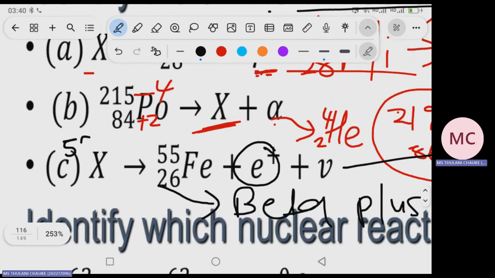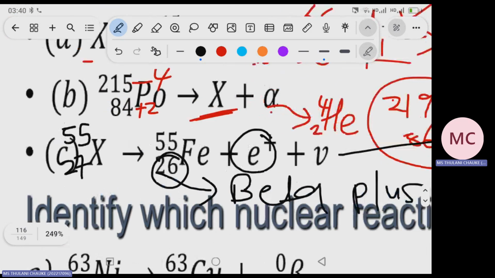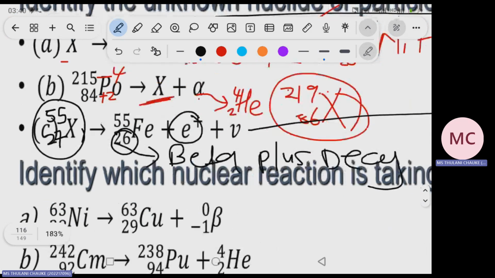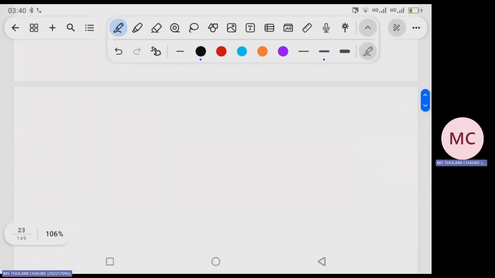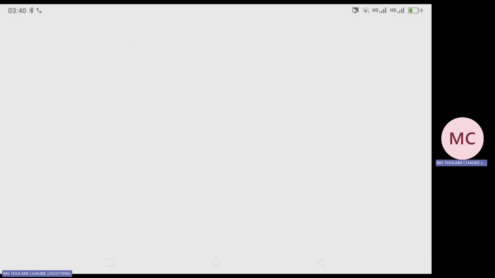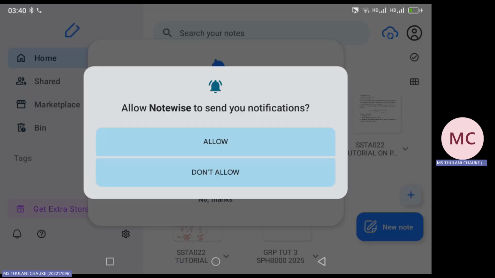We know this was going to be 55, and then here 26 plus 1 will be 27. So you look for element number 27 on the periodic table.